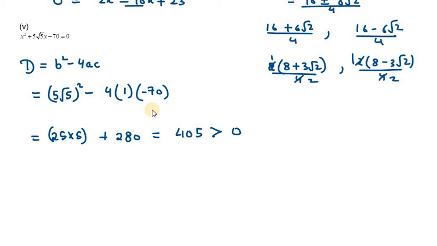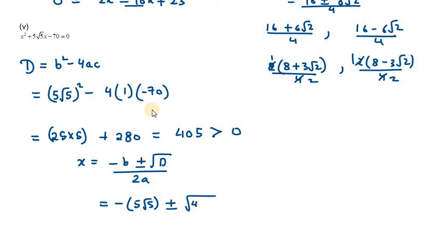That means it has real and distinct roots. Let's find out what roots it has. So minus b plus minus under root d over 2a. So minus b. b is 5 under root 5 plus minus under root d. d is 405. Now if you take under root 405, you get value as 9 under root 5.